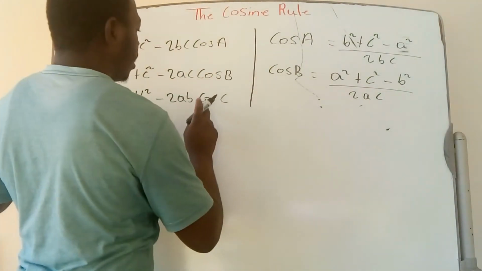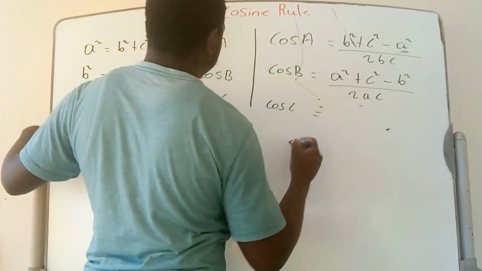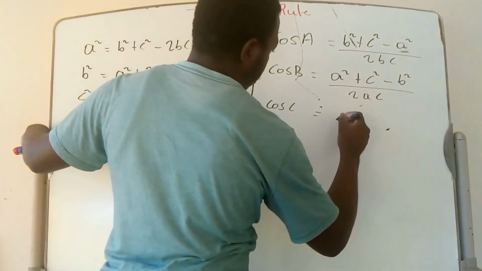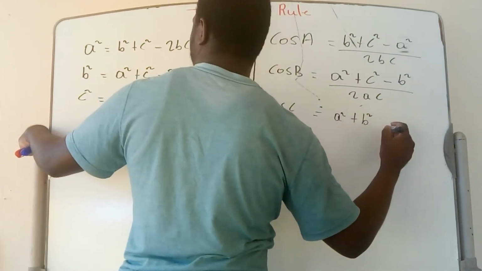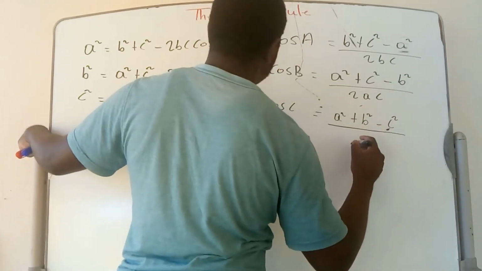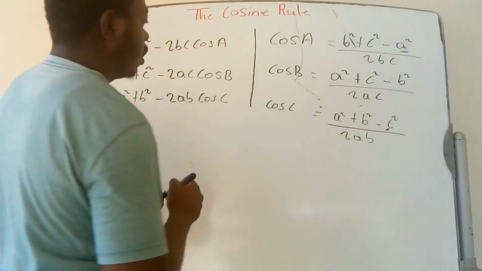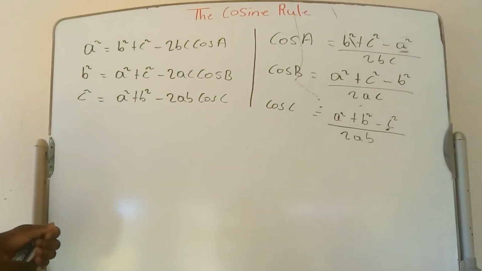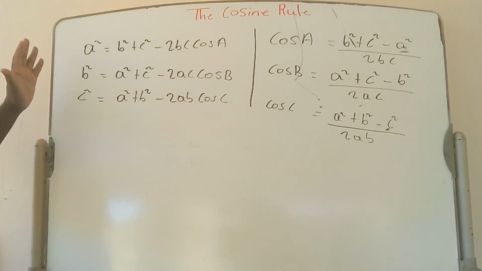And for cos C, that's going to equal a squared plus b squared minus c squared, all of that divided by 2ab. These are the formulas that you will use depending on what the question asks you for.